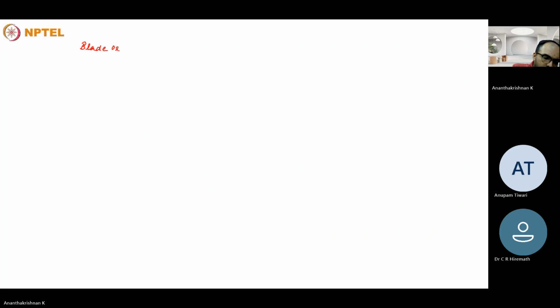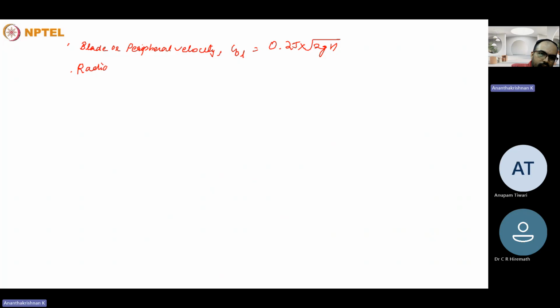Blade or peripheral velocity, C blade, is equal to 0.25 times root of 2gh, and the radial velocity of the flow at inlet, CF1, is equal to 0.95 times root of 2gh.